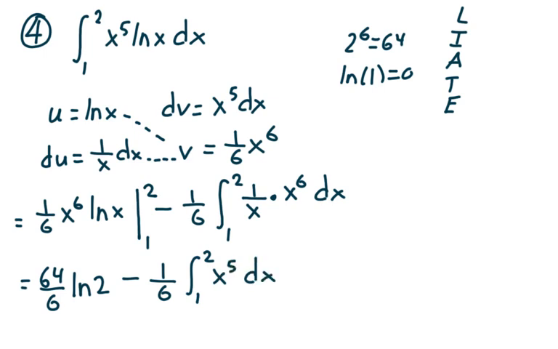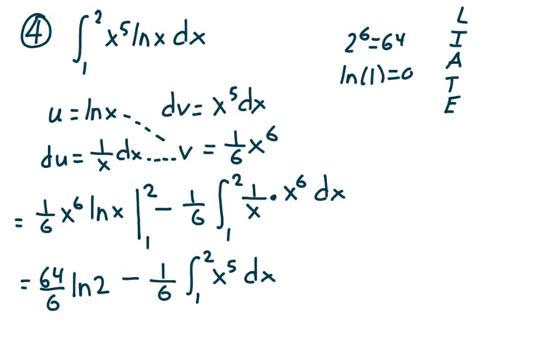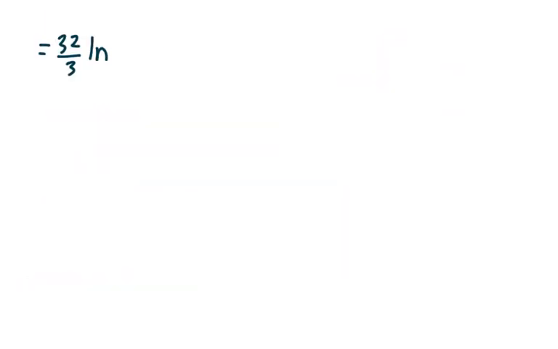Now, if I reduce 64/6, I get 32 over 3. Natural log of 2. Minus 1/6 of. Now, the integral of x to the 5th dx is 1/6 x to the 6th. And I'm going to evaluate from 1 up to 2.